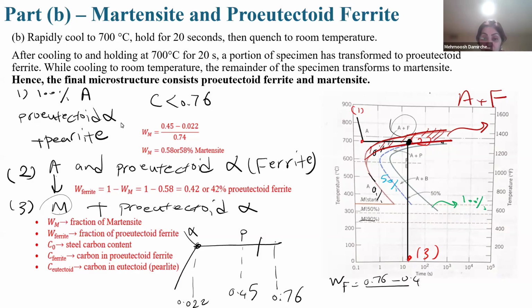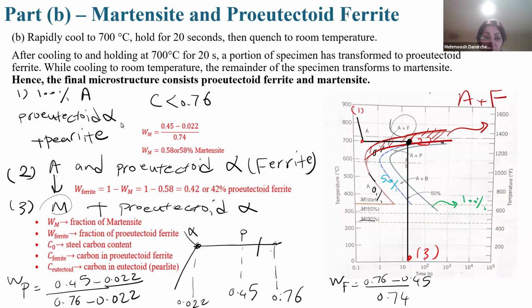0.76 minus 0.45 over 0.76 minus 0.022, that is 0.42, and W of pearlite is 0.45 minus 0.022 over 0.76 minus 0.022. And the summation of both of them should be 1.